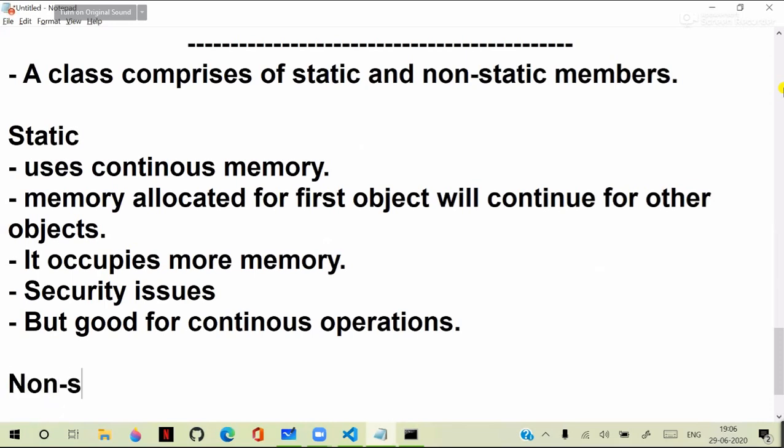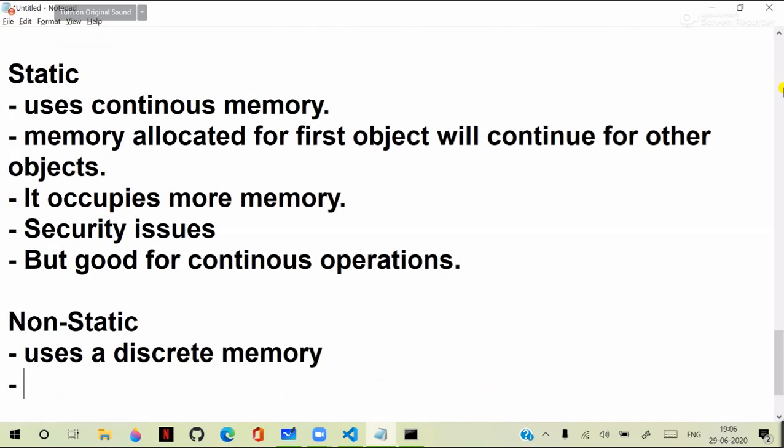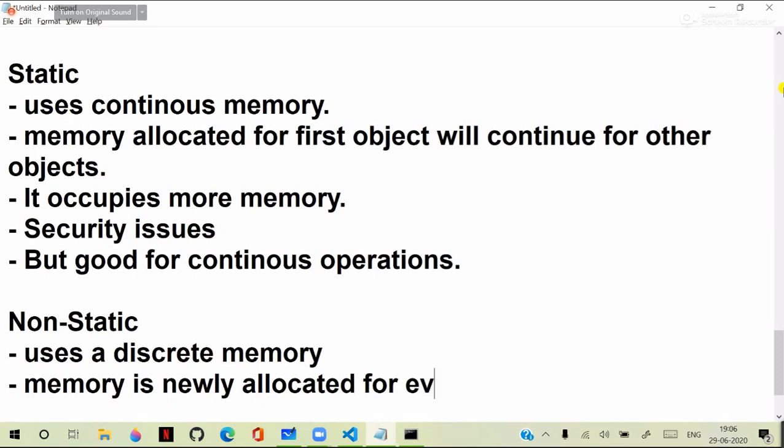And non-static. So technically, non-static uses discrete memory. So memory is newly allocated for every object.